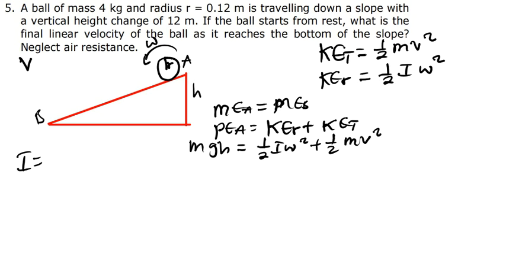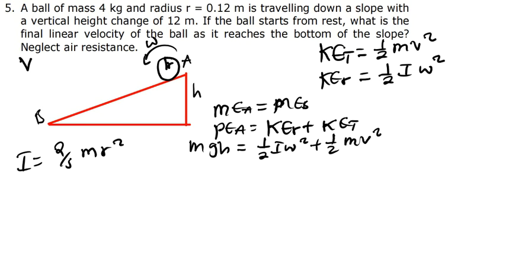They may give you a solid sphere, but in this case we're talking about a ball. So for a ball, the formula is 2/5 times mass times radius squared.